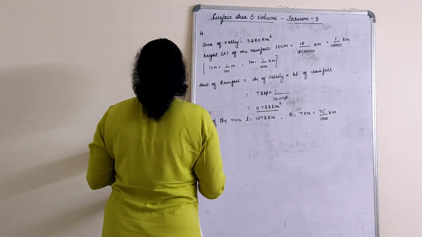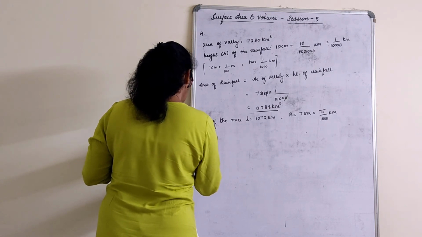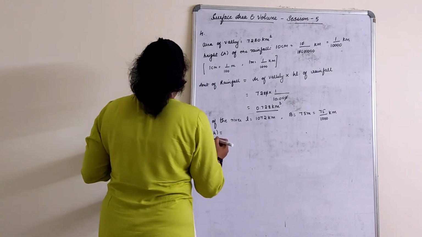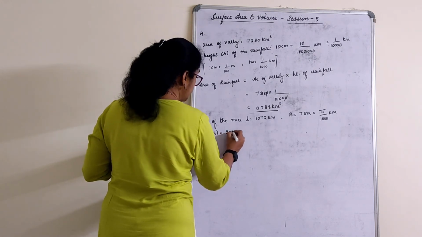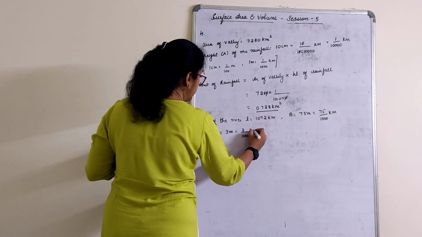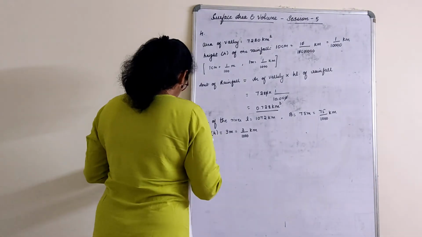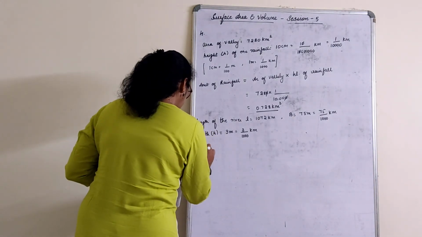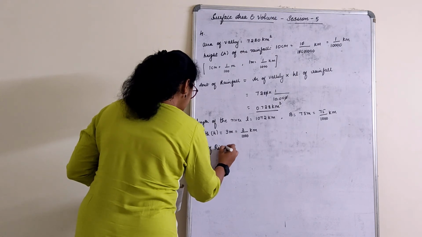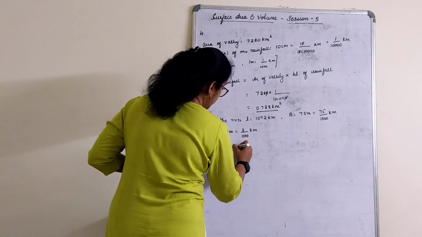Then what have they given? They have also given depth. Depth is nothing but height. Height of the river is how much? 3 meter, which is 3 by 1000 kilometer. Everything in terms of kilometer what we have to convert here. Next part, volume of river. We can consider this as a cuboidal form here, right?